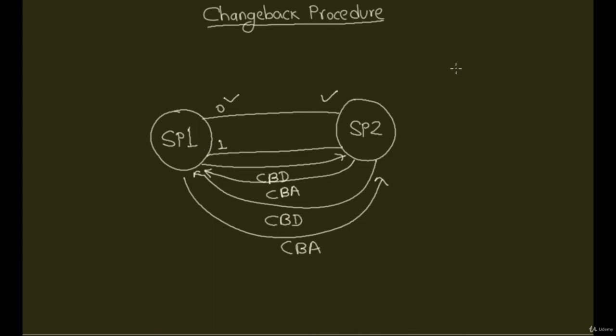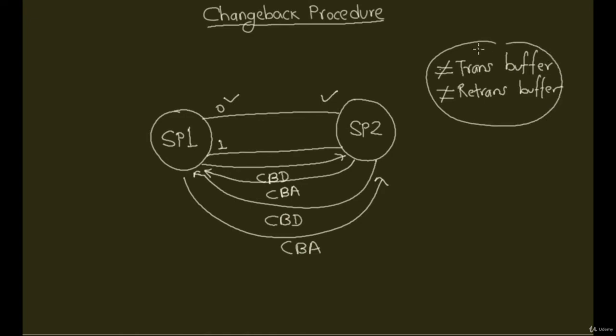It will not require any copying of the transmission buffer as well as the retransmission buffer. It is not required because the current link is basically a proper link, and it can do the transmission and retransmission without any problem. So there is no need to copy.